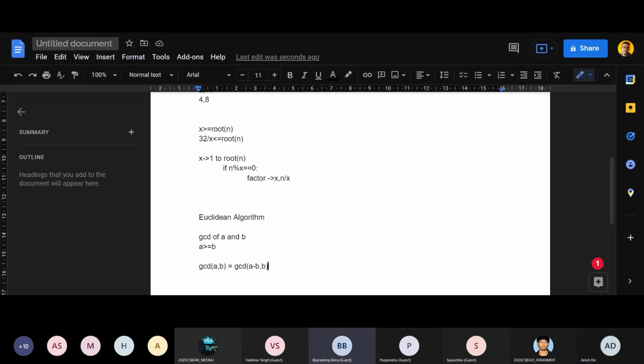An example can be 24 and 16. The GCD is 8. If I do A minus B, it will be 8 comma 16, and then we can swap both of them, and then again this will go for 8 comma 8, and then 0 comma 8, and when it's 0, it will be 8. So we will get the right answer. That is one example, but can anyone get any intuition why this is working?